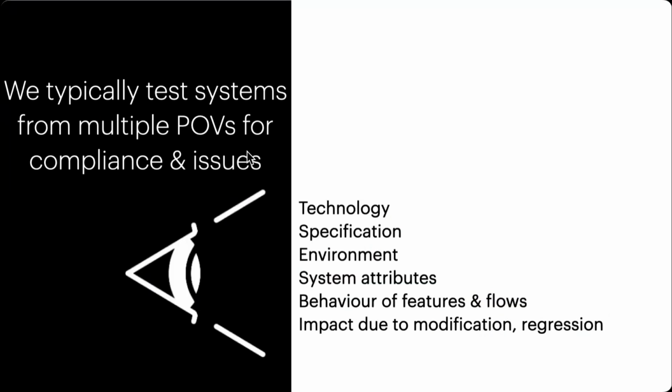These are what most of us will end up doing or noticing at large: technology, specification, expectation, external environment, system attributes, behaviors of flows, features, impacts due to modification, regression, and probably a few others.